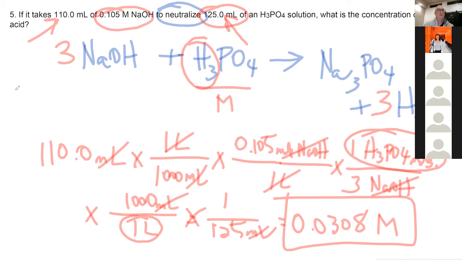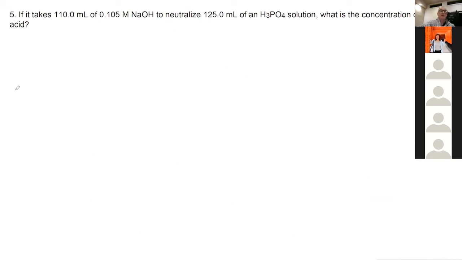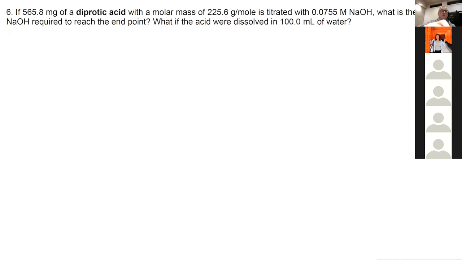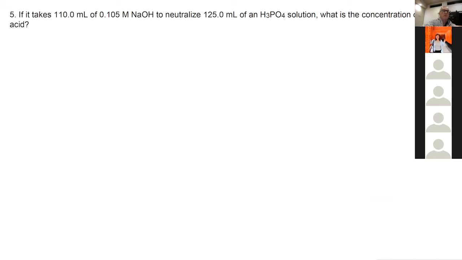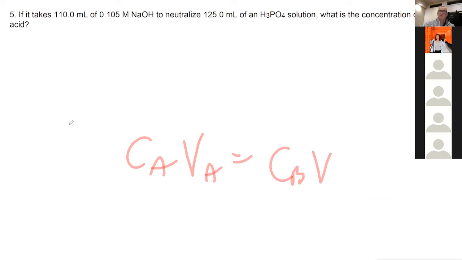The other way to do that is, let me go back. You probably remember concentration acid times volume acid equals concentration base times volume base. That sound familiar? You can do that if there's a single proton on the acid and a single hydroxide on the base.